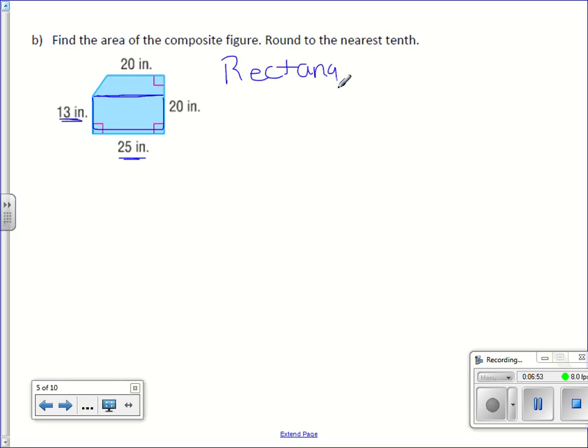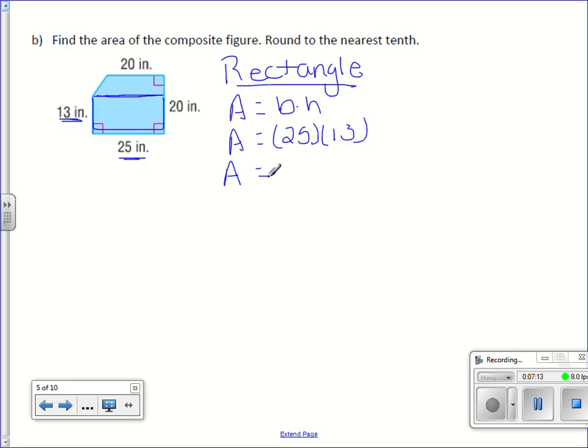Let's take care of that one first. Area equals base times height. Area equals 25 is the base of the rectangle, 13 is the height of the rectangle. Multiply those together. We get area equals 325 inches squared.